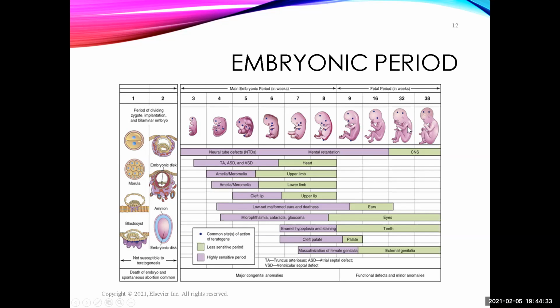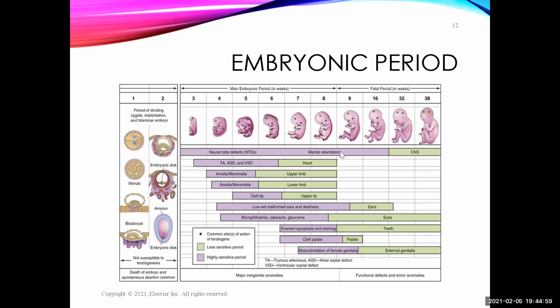So basically, when I think about this, I'm thinking about insults to oxygenation to the baby, which could include anything from mom got in a car accident, or mom has low iron, low hematocrit level, or maybe mom has preeclampsia.